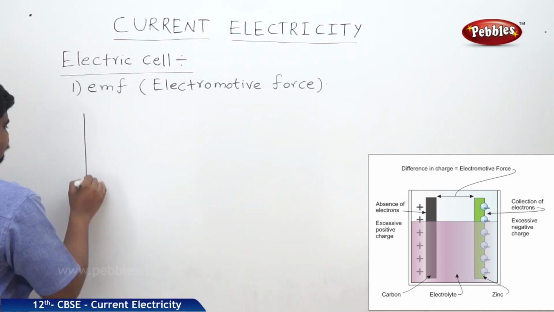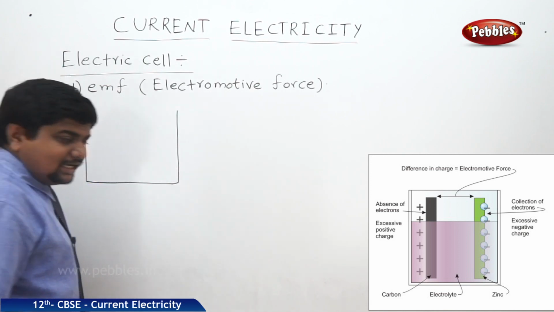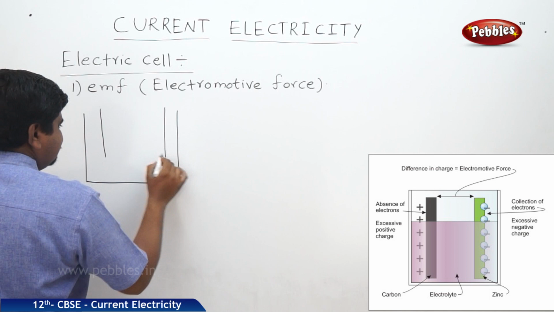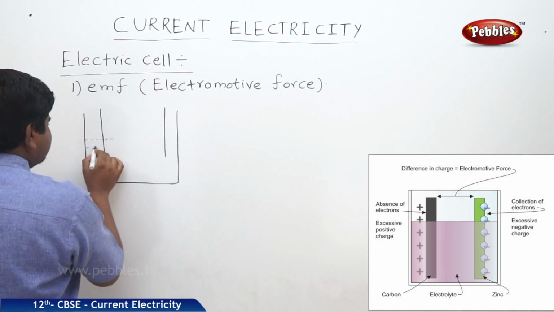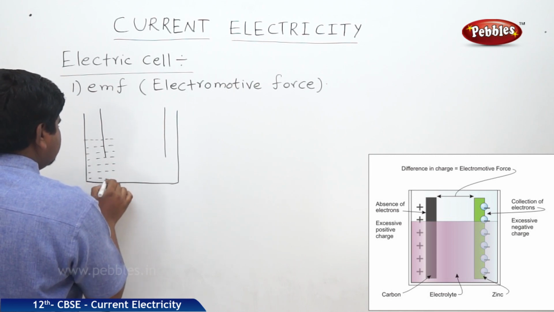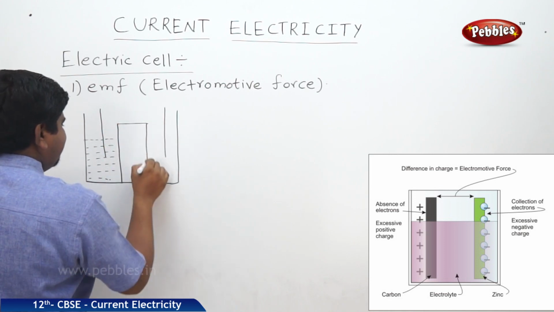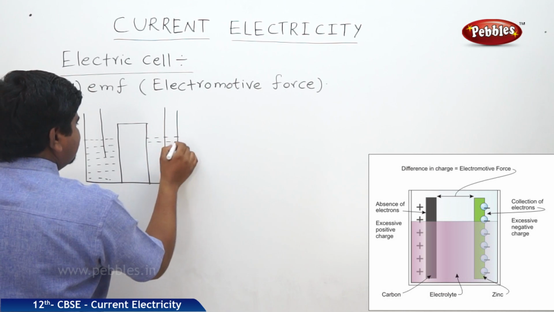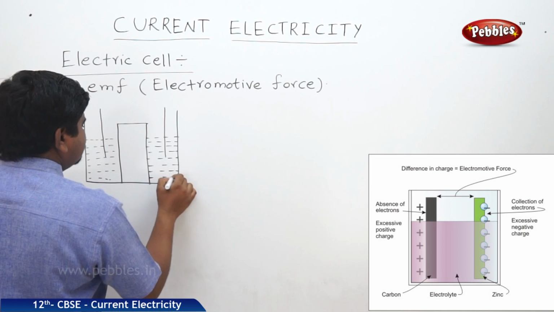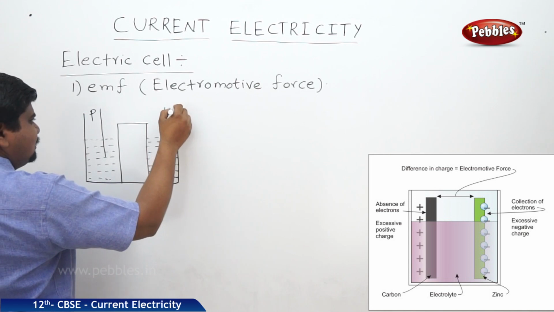How will it look? Listen. If this is the structure of the cell, two rods are connected with a wire and filled in electrolyte solution. There is an insulating wall which separates the two rods, which are nothing but the electrodes. We know that this is positive, this is negative.